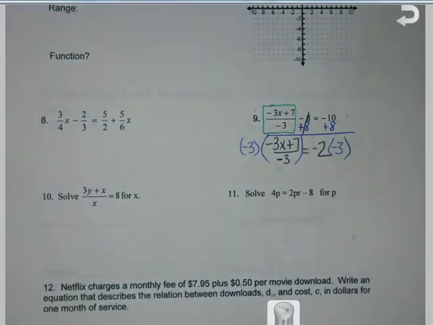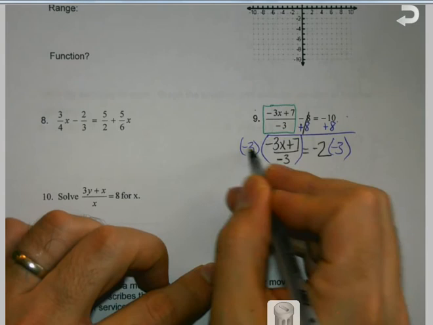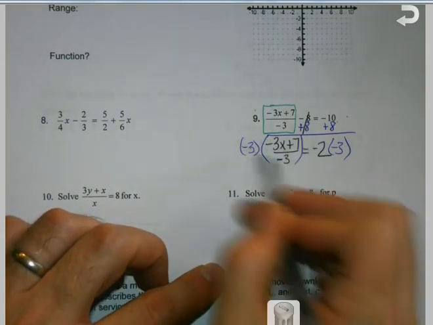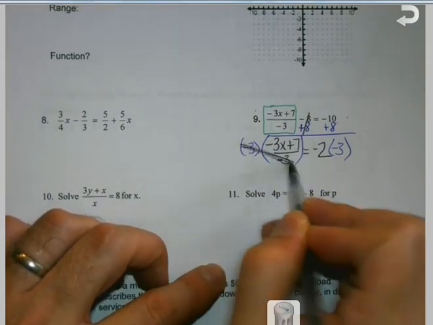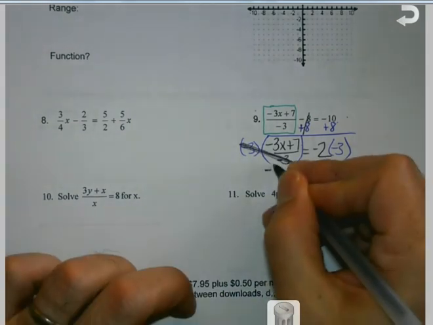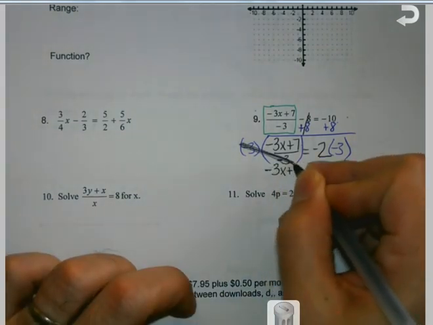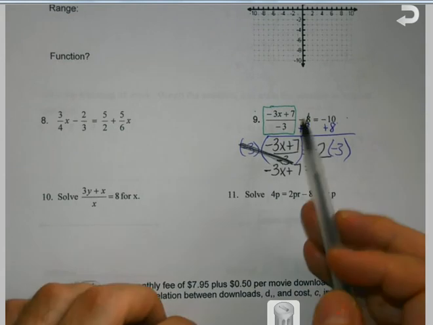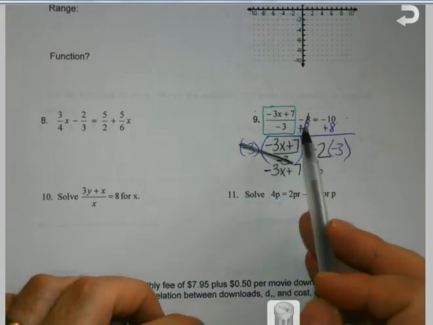At this point, the only thing that could get me into trouble would be if I were to distribute the -3, but remember, this is one term. That -3's whole job is just to wipe that out. Always deal with what's furthest away from your variable first, then start removing things that are closer. The -8 was furthest away, we dealt with it.